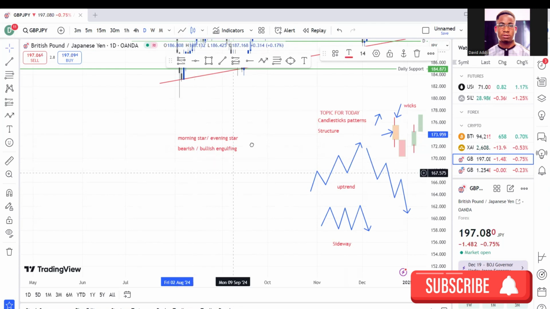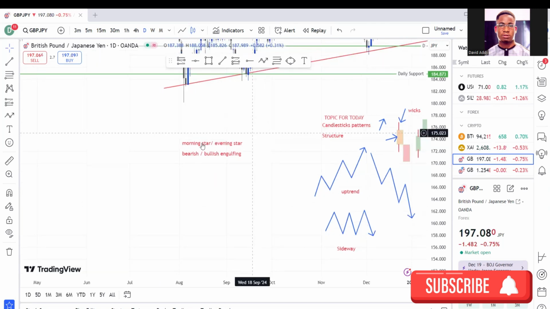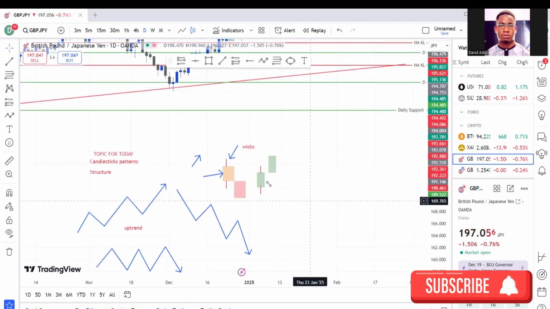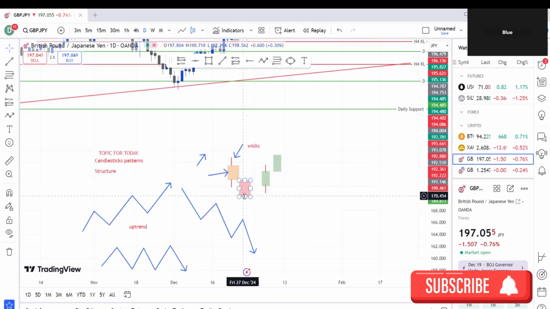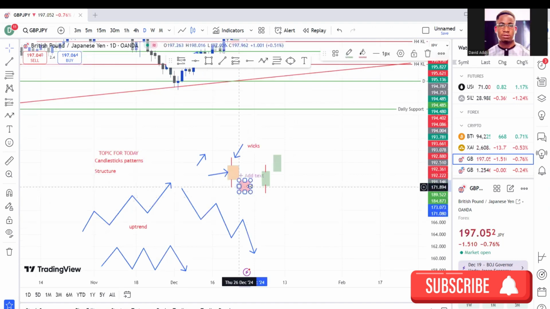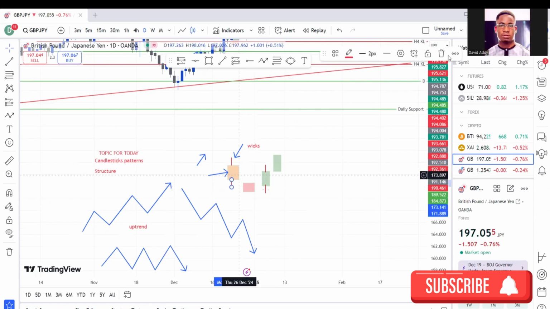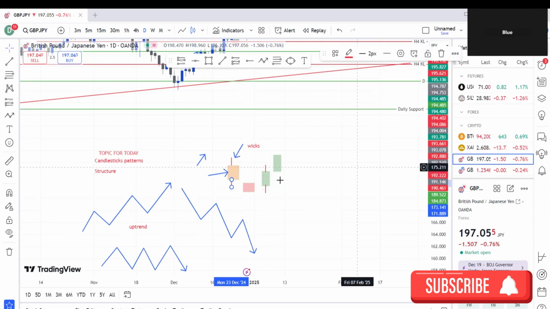Then I jump in. What is a morning star? So the morning star forms when, let's take this one for instance, this one becomes a little bit smaller in the middle, then we have this one as well.